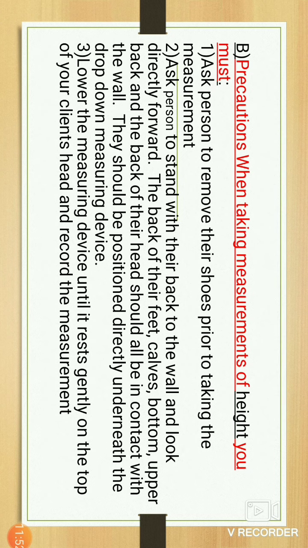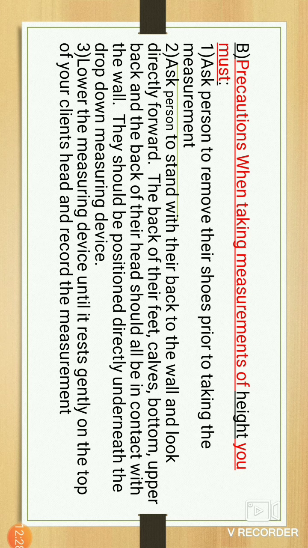The second precaution when taking measurement of height: you must ask the person to remove their shoes prior to taking the measurement. Ask the person to stand with their back to the wall and look directly forward. The back of their feet, calves, bottom, upper back, and back of their head should all be in contact with the wall.